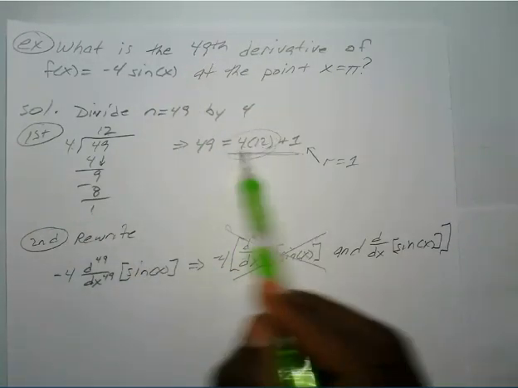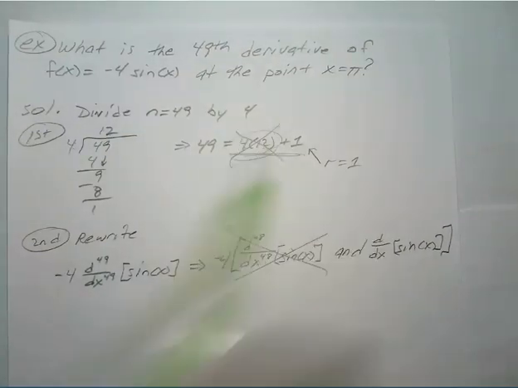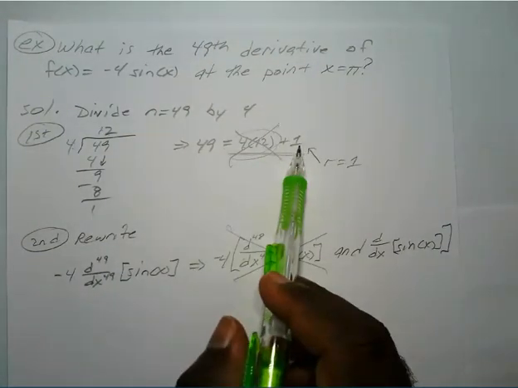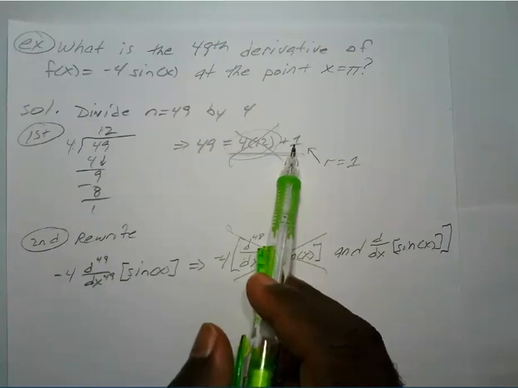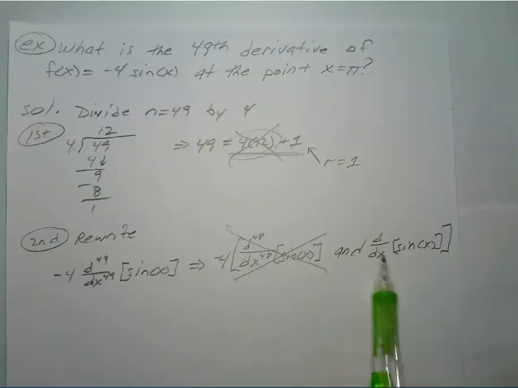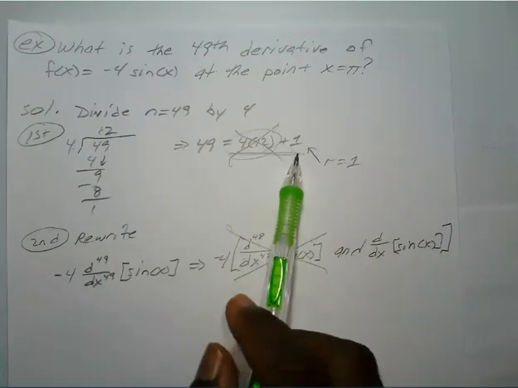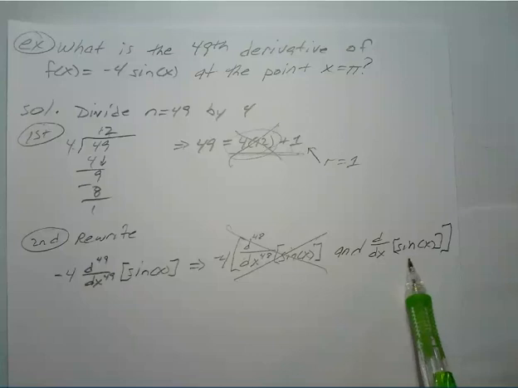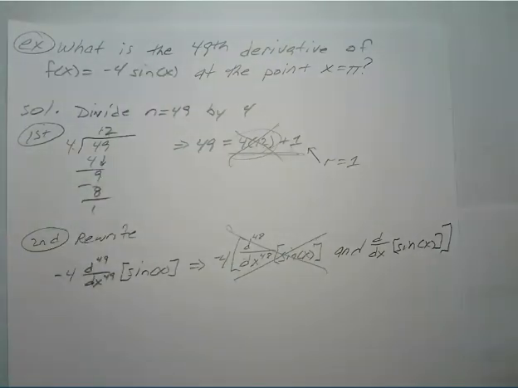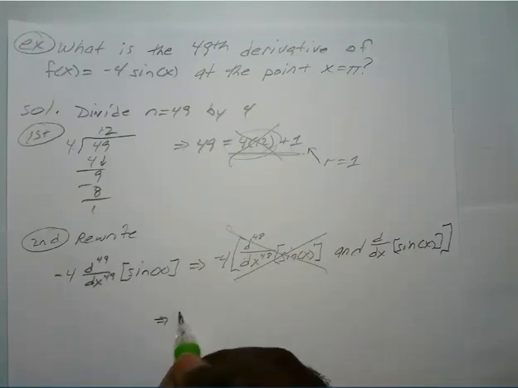So once you get here, you can cross this out and just go right to whatever the remainder is. If that remainder would have been 3, we would have had the third derivative here. If that remainder would have been 2, it would have been the second derivative here. But since the remainder is just 1, we only have to find the derivative of sine of x to match our 49th derivative.